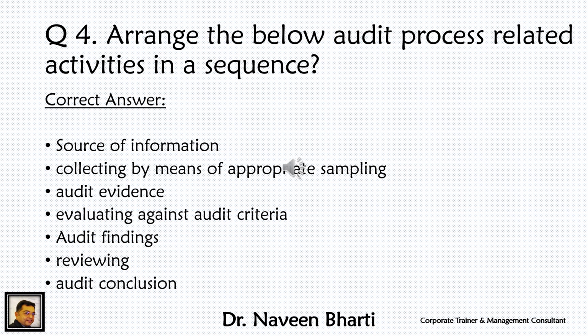Whatever records we collect from them, that becomes our audit evidence. We evaluate that evidence against our audit criteria, which can be your shell requirements, say ISO 9001:2015 here. Once you evaluate against the shell requirements, you generate your findings, then you review your findings, and you conclude at last.